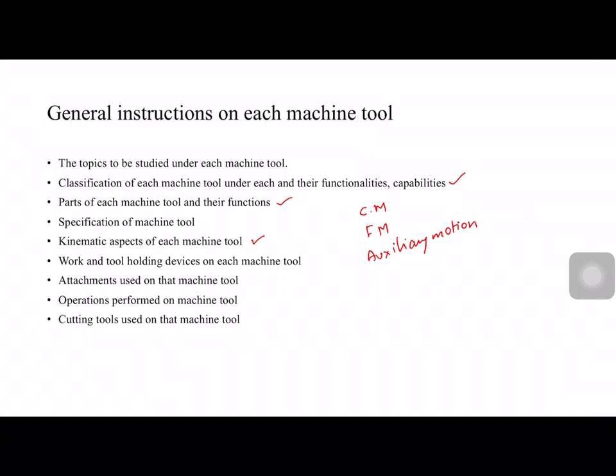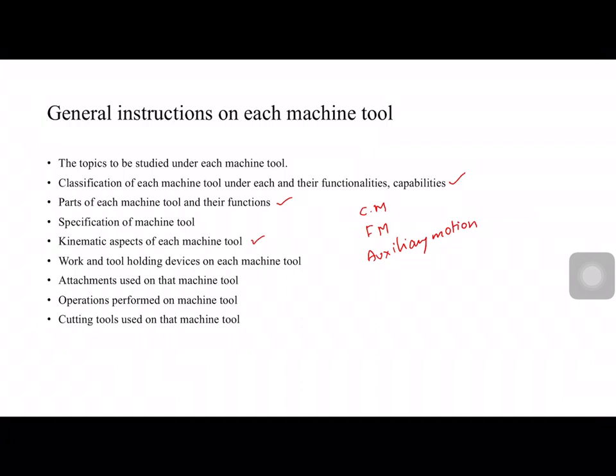Sometimes the cutting tool has a reciprocatory or translatory motion, or it may have a rotatory motion. And if you look at the kinematic aspects, the rotation may be exactly the same as the rotation of the motor, or it has to be reduced drastically at the machining side.